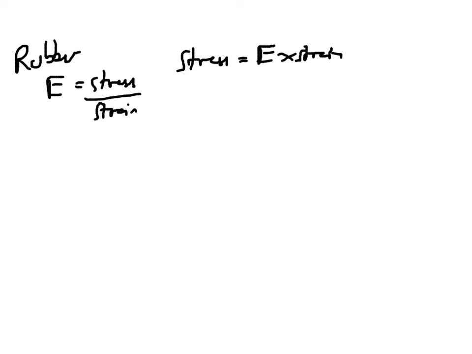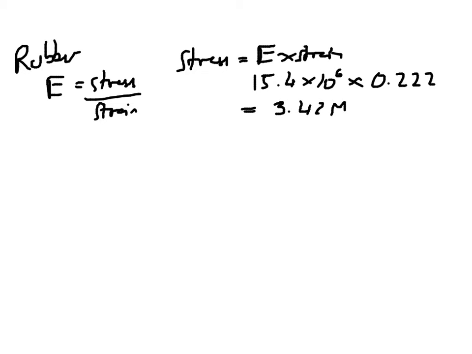Young's modulus for rubber is 15.4 times 10 to the 6. Our strain that we've worked out is 0.2 recurring. So our stress is going to be 3.42 megapascals.